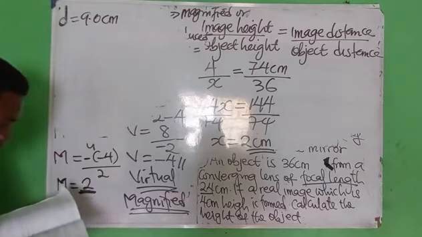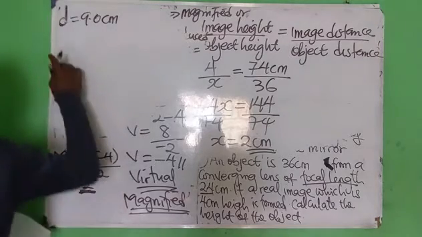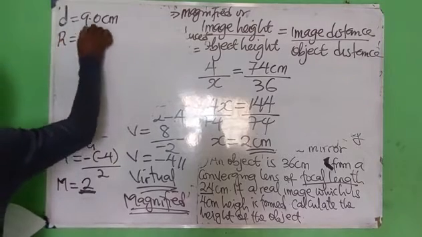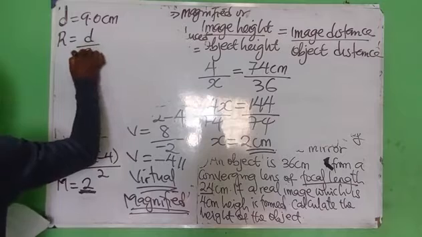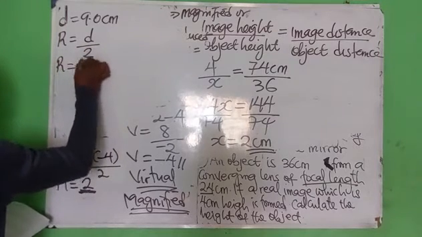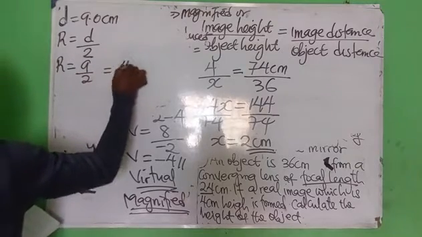How far is the child's face from the ball? We know that radius is equal to diameter over 2, which means radius is 9 divided by 2, and that will give me 4.5.